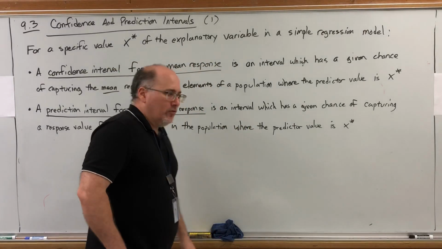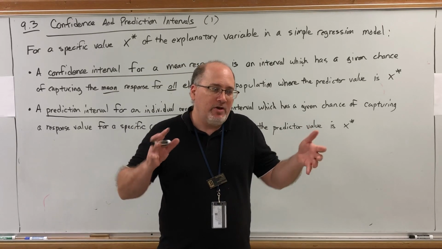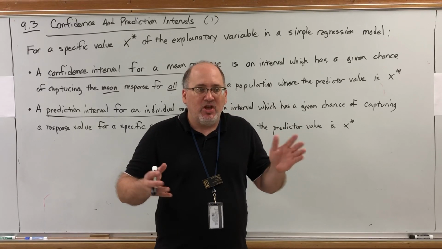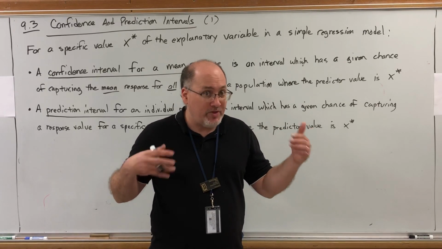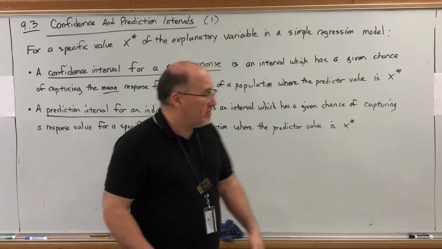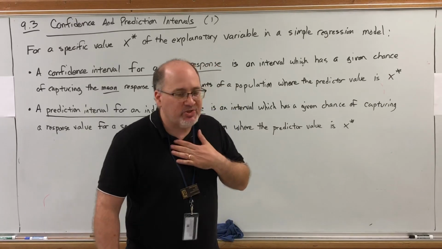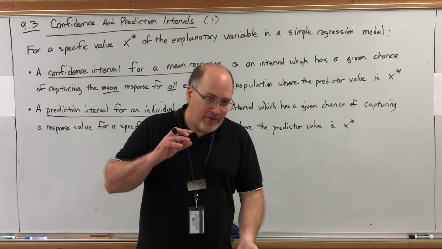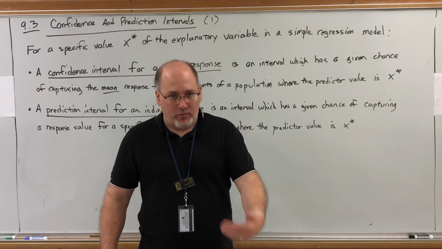For a prediction interval, what we would do is set up an interval to try to capture 95% of the response values in the population for when the bill is $40, as opposed to a confidence interval, which is attempting to capture the average of all the tips when the bill is $40.